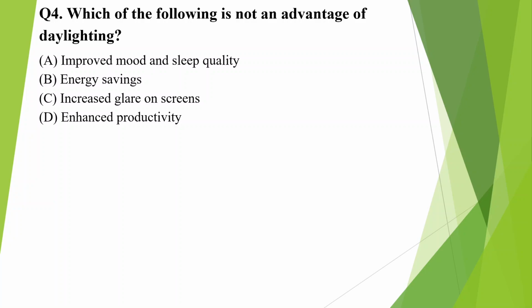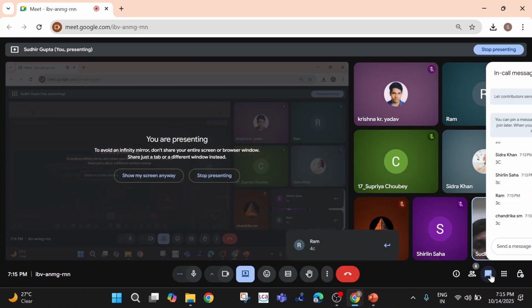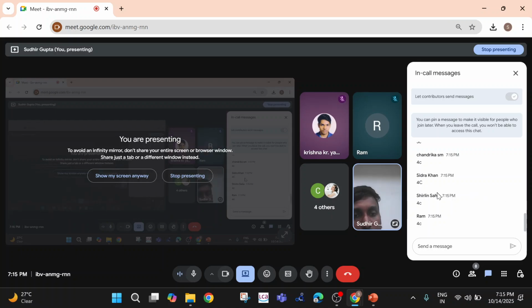It's really good to see that a lot of participants have already answered this particular question, question number 4, and Chandrika was first to answer, where she has marked option C, and other participants have also marked the same option C. Okay, it's good to see that Chandrika came up this time, and Sidra, Silin then again.